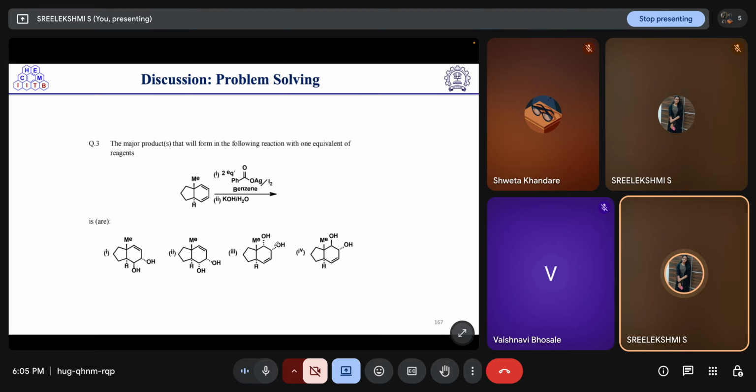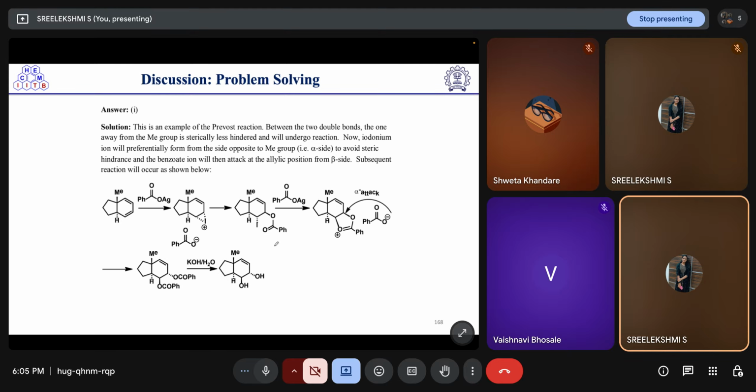So this is an example of the Prévost reaction. As we can see, there are these two double bonds, but this one is more sterically hindered because of the presence of this methyl group. So this will be less reactive and it will not participate in the reaction. Only this one will participate in the reaction. And what is happening? Firstly, this iodonium ion will form. Then benzoate will attack from the opposite side, opening the iodonium ion.